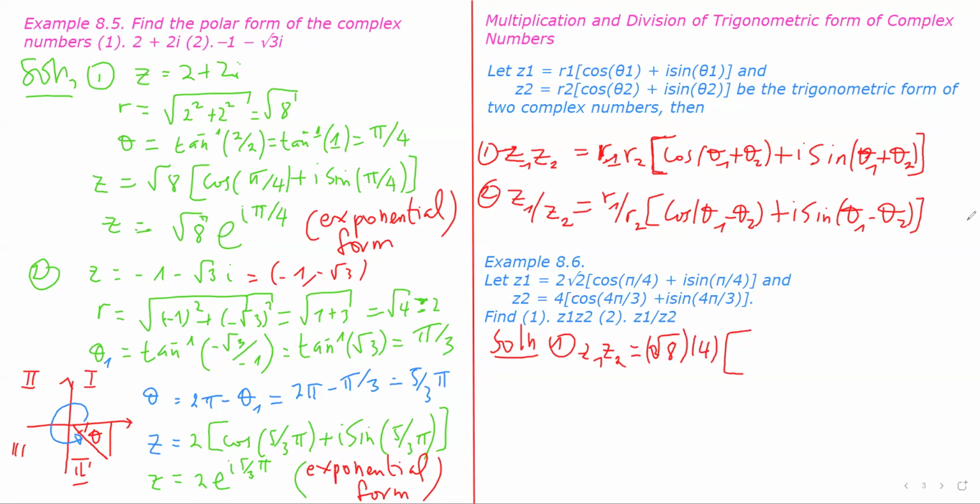Then we have cos of the angles, pi over 4 minus 4 pi over 3 plus i sine pi over 4 minus 4 pi over 3 as well.